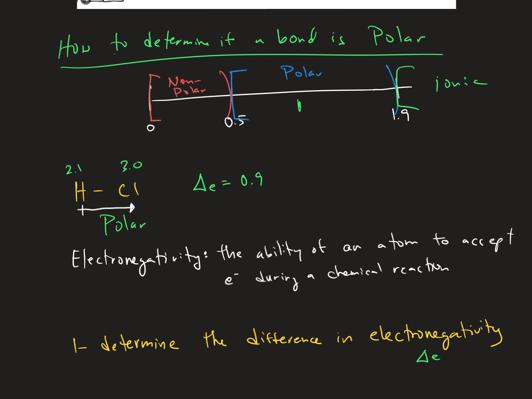We draw this plus sign where it's more positive, with the electrons going that way, making this side more negative. This has a partial positive charge and this has a partial negative. It's not an ionic bond, so it will not have a full positive and negative charge. But since chlorine is more electronegative and pulls the electrons closer, we say it has a partial negative charge.